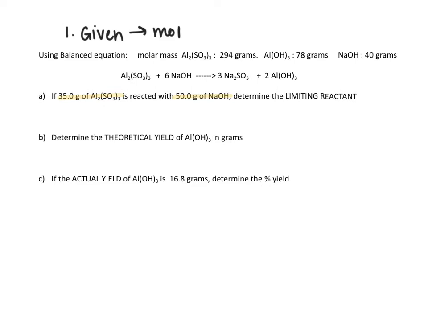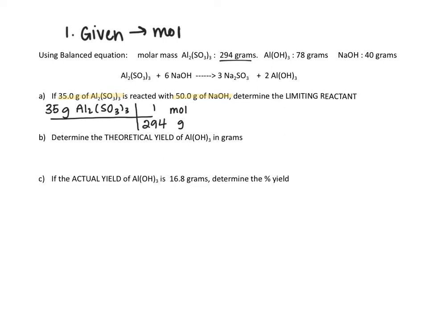So my first thing is I'm doing 35 grams of Al2(SO3)3, and I'm going to make a train track. Remember, I'm always cross-canceling, so I'm going to do grams on the bottom, moles on the top. In 1 mole, I have 294 grams.